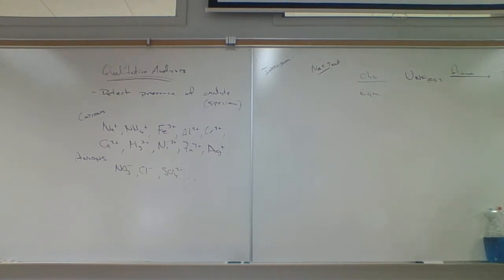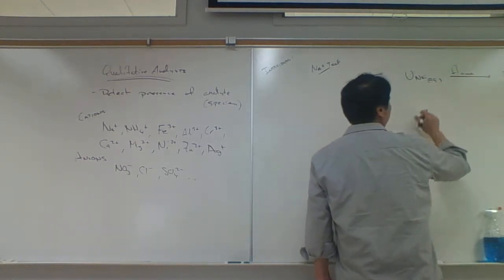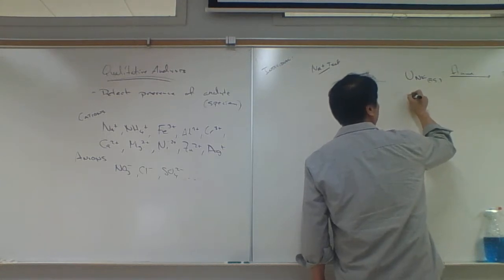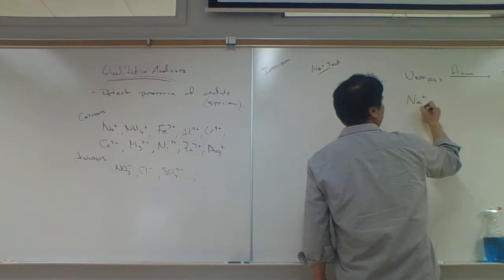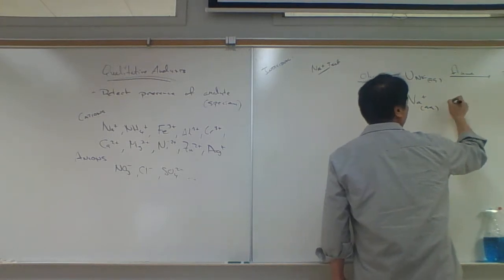So we'll just say bright yellow flame. Now what's causing this observation, and we'll see it in the chemical equation, that must mean I have sodium ions present in solution, so Na+ (aq).